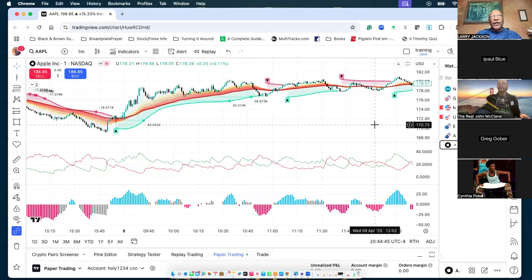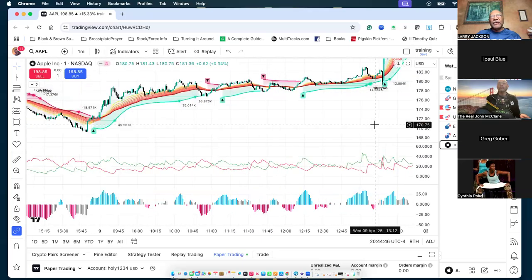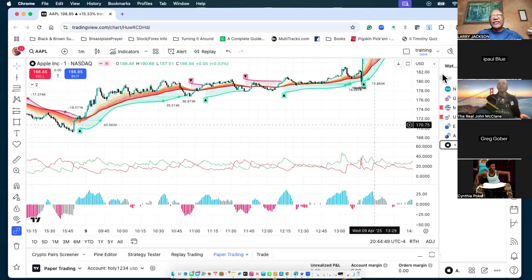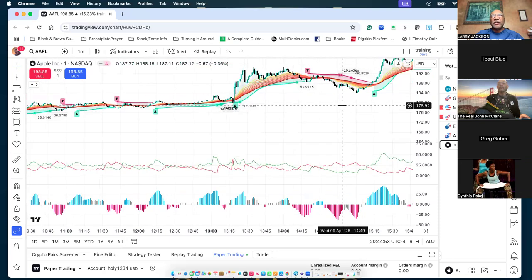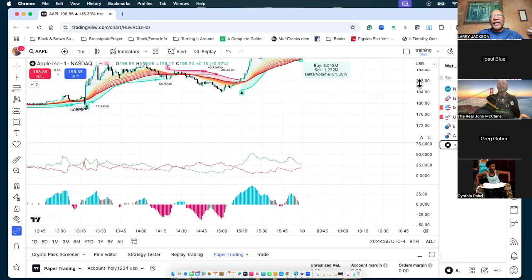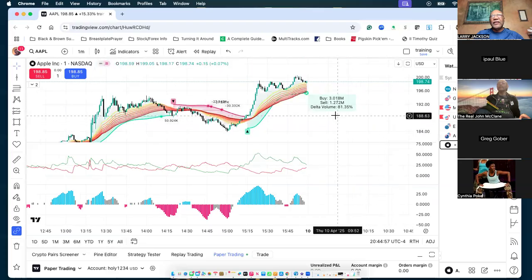So let me show you why this thing is so boss. It won't show you back here because it's already past it. But look at right here. It gives you the delta volume. It tells you how many buys and how many sells are in the market at that period.